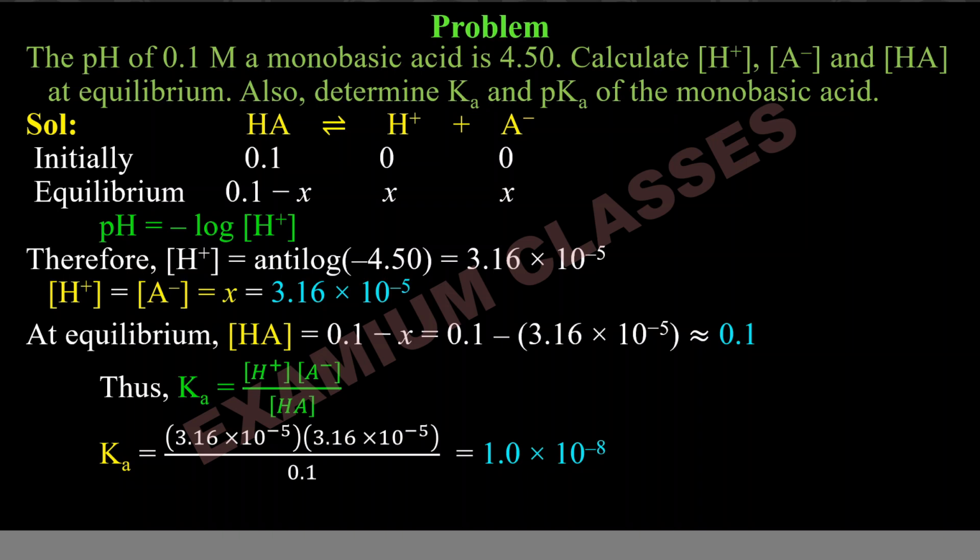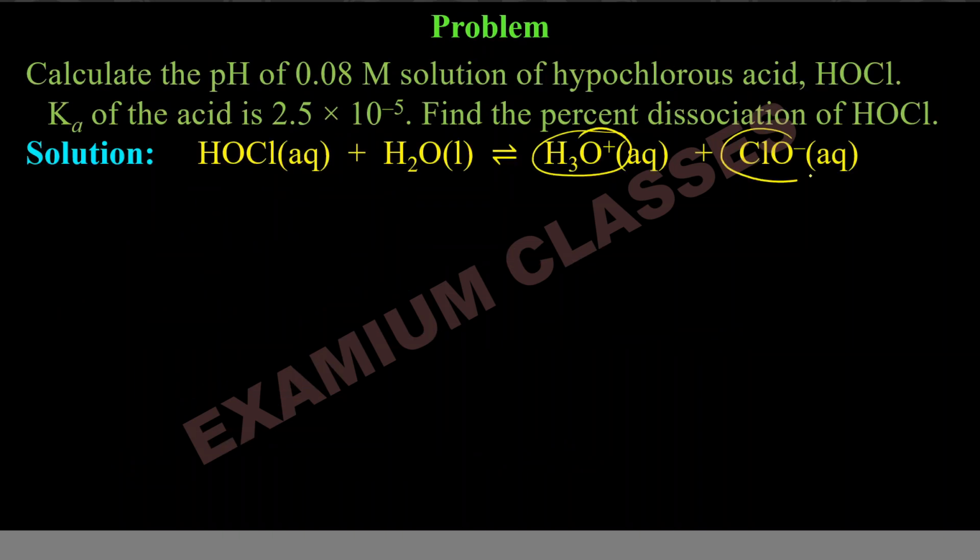Question becomes easy. Solution: HOCl will get dissociated with water and will give you hydronium ion and hypochlorite. So initially concentration is given, you have 0.08 and no product, then at equilibrium it will be 0.08 minus x, x and x.